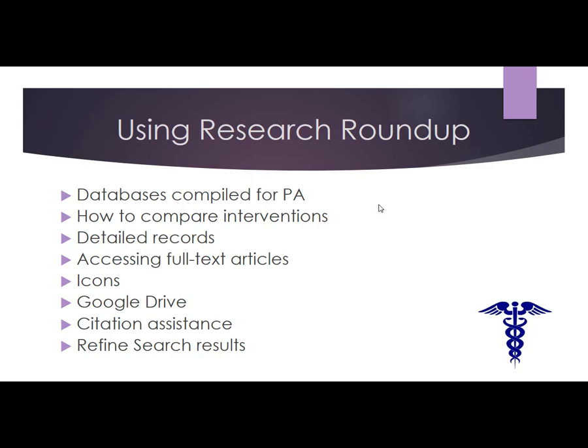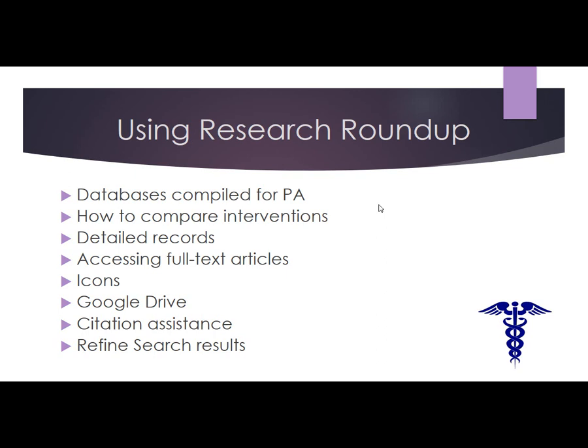So let's review Research Roundup. Using Research Roundup search box on your LibGuide page is compiled for your specific subject. When we want to compare interventions, we'll need to perform separate searches, access the detailed record to find mesh subject headings, and more importantly, the abstract. If there is a full text version of an article, it will be located on the left-hand side, including those full text links.